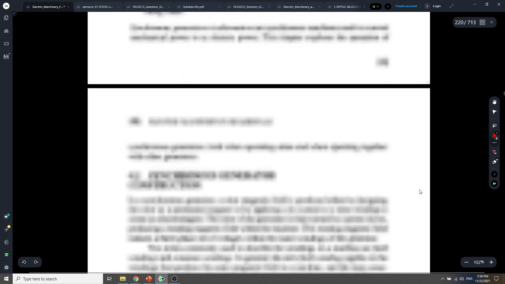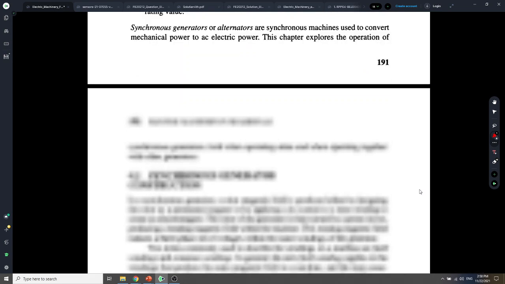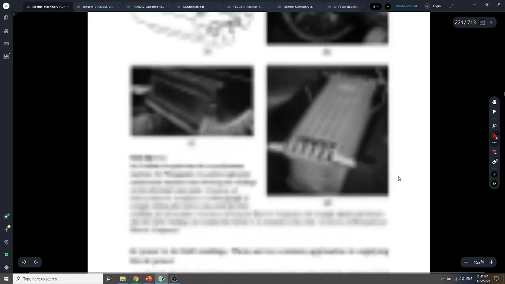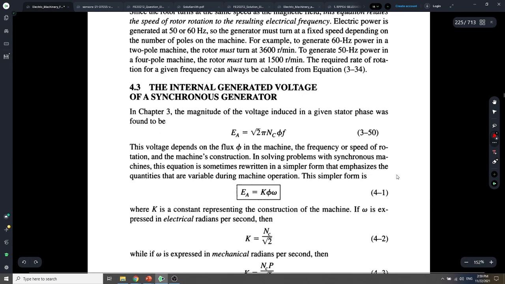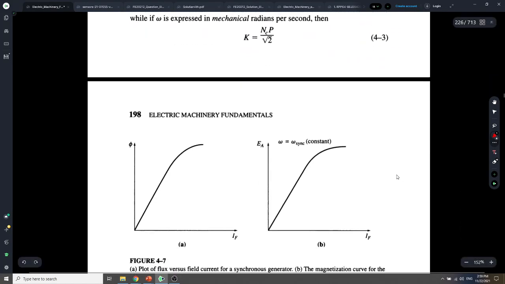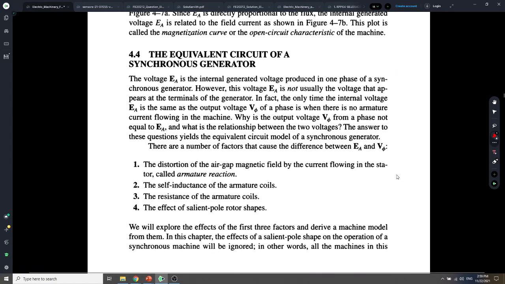Okay, so in order to get the equivalent circuit, we need to look into detail the effect of the surrounding. So in order to design, we need to see the relation between the EA and also the output.